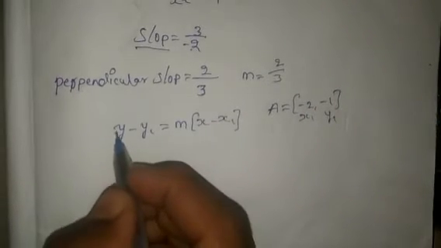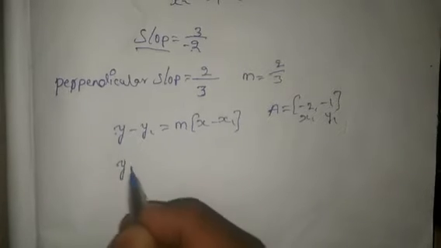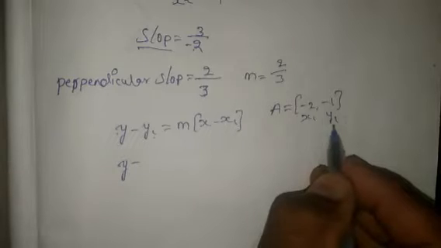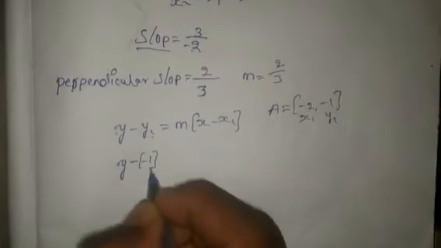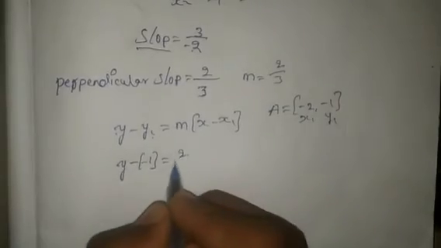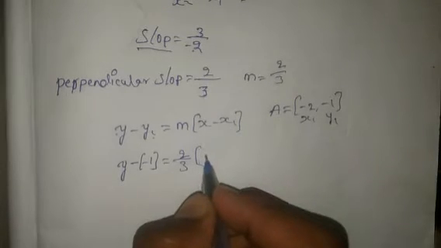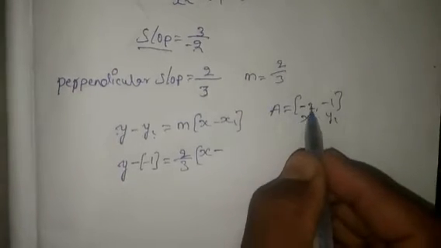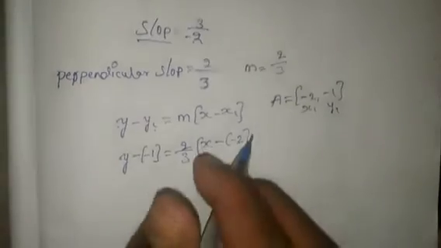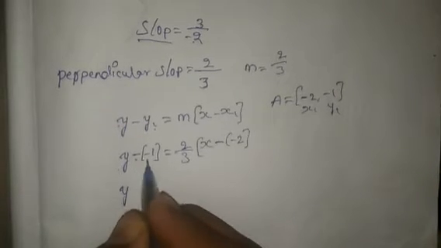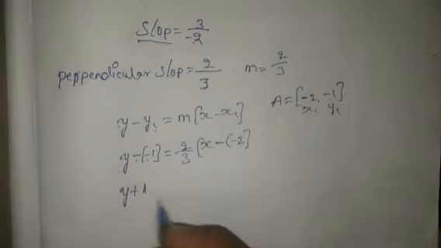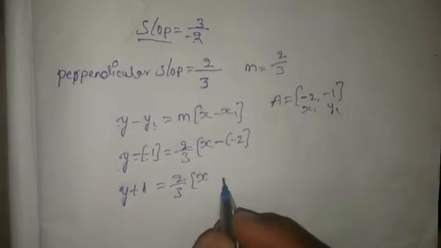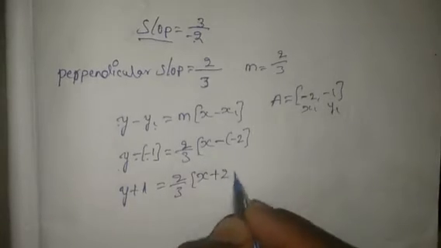We don't know x and y, so write them as they are. y1 is minus 1, and m is 2/3. x we don't know, so write it as it is, and x1 we know is minus 2. So y minus of minus 1 is y plus 1, 2/3 as it is, x as it is, and minus of minus 2 is plus 2.